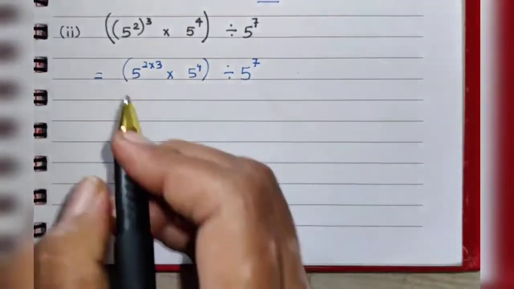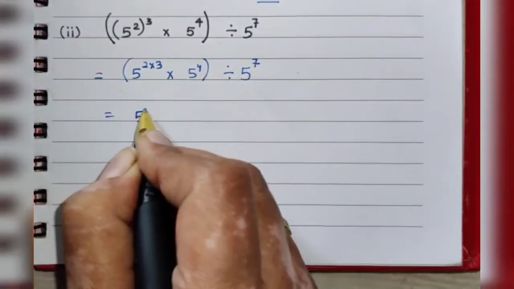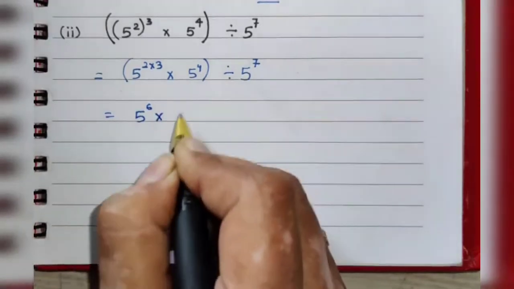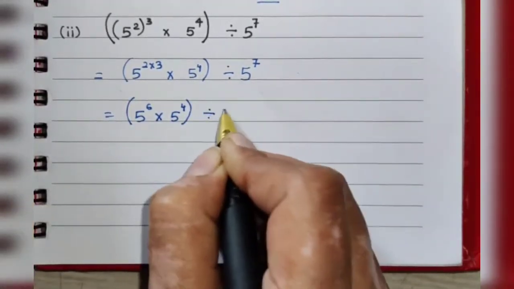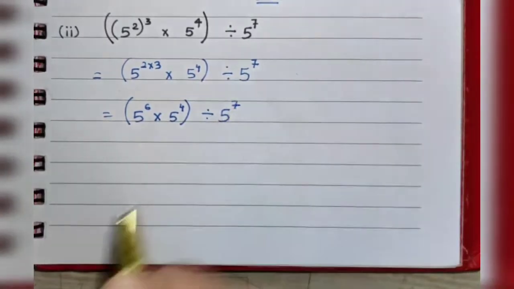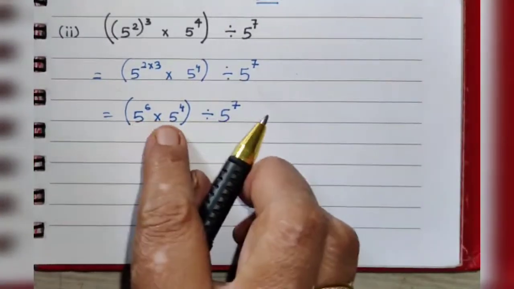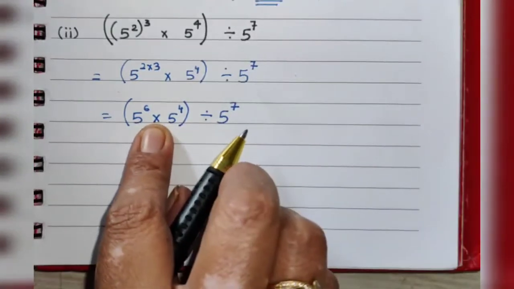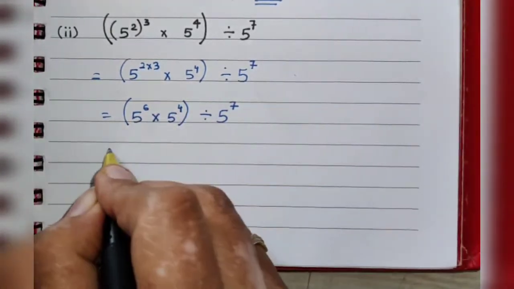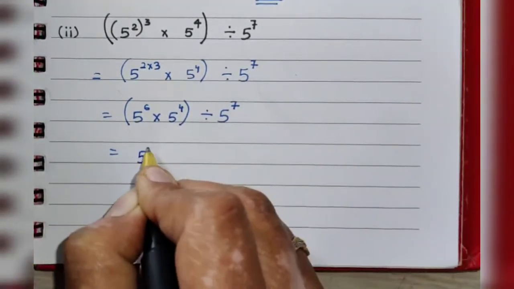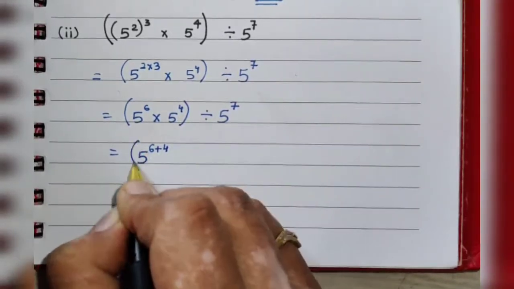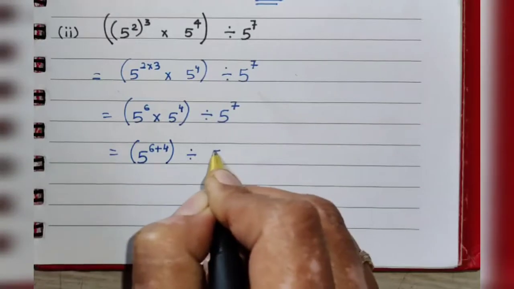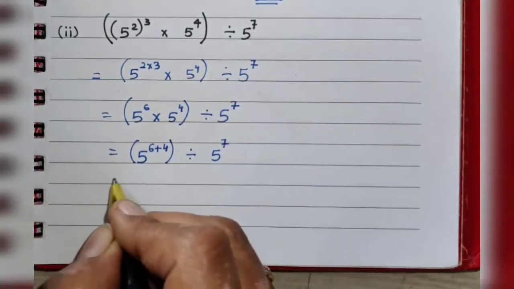Now 2 threes are 6. So here we have 5 to the power 6 multiply 5 to the power 4, divided by 5 to the power 7. Now here the bases are same, multiplication sign is there, so powers will get added. That is 5 to the power 6 plus 4, divided by 5 to the power 7.